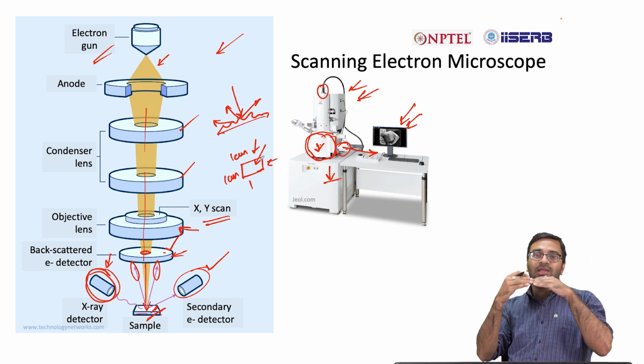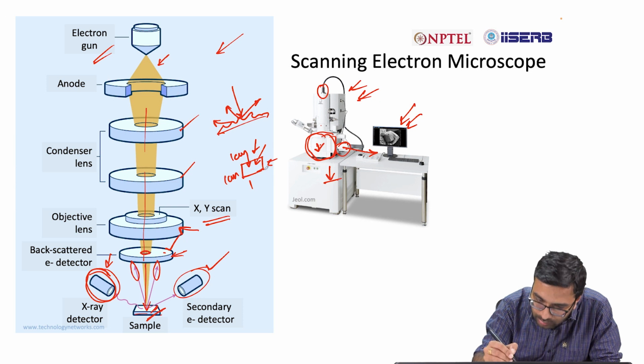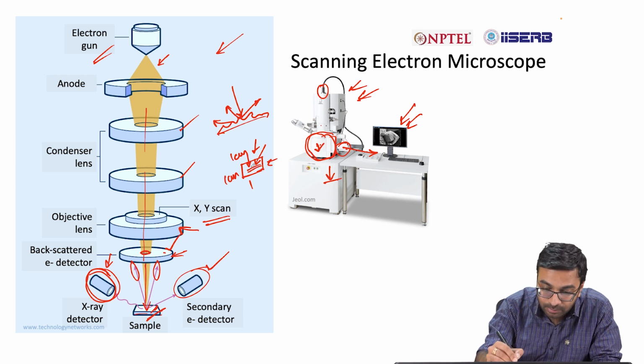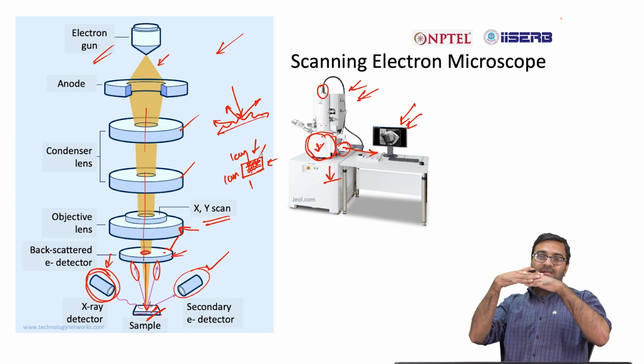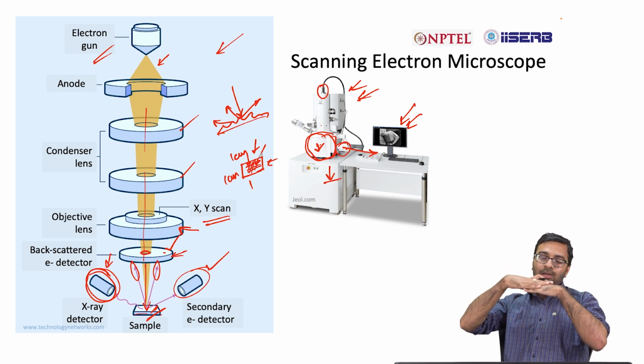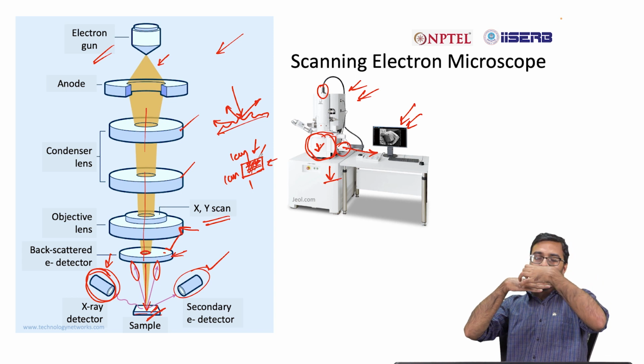If it's a thin film, either you deposit the thin film on top of it or you attach the sample on top of this glass slide with a double-sided carbon tape. It's a carbon tape which has adhesive on both sides. So you put the carbon tape on top of the sample holder, and then the adhesive is also present on top of this carbon tape, you put the sample on it.